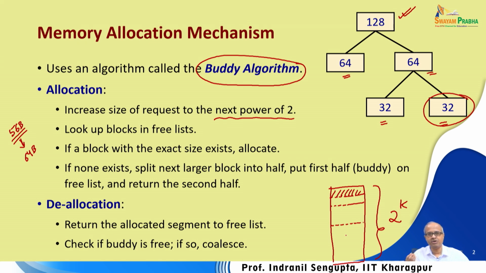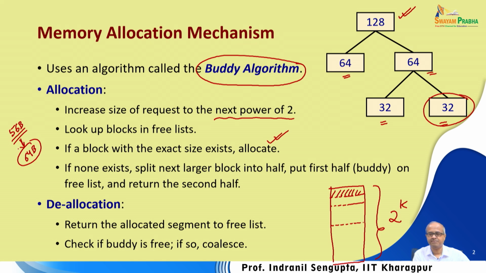If that exact block is available, you allocate it straight away. But if that exact block size is not available, then you have to go for a higher size block, like I have shown here, split it up into two halves, possibly again split it up into further halves, and return the largest enough buddy that can fit this request. So, until you get the 64 bytes, you go on partitioning.